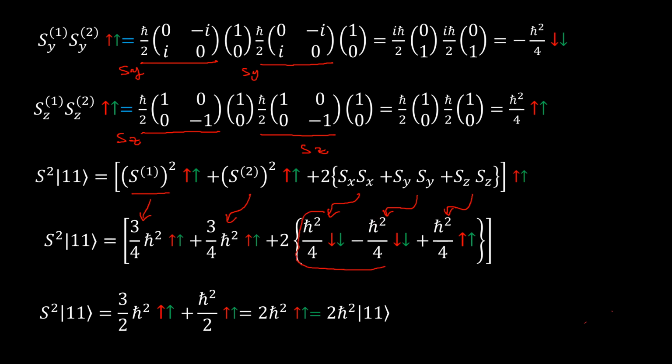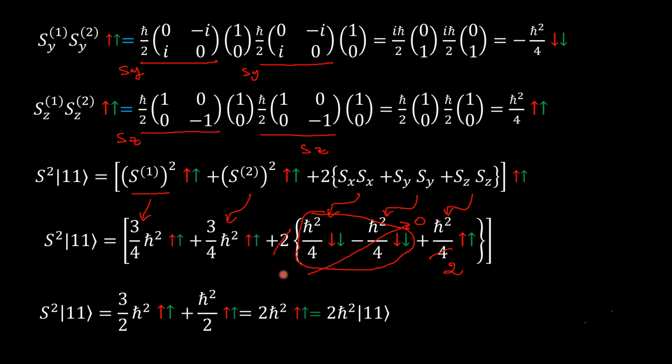You can compare the first two terms: same state with the same multiplicative factor ħ squared over 4. So this will become 0. Then you can see this 2 will get cancelled with this 4, which will become 2. So remember that these three states are spin up. If you add the first two, you will get 3/2 ħ squared, both are spin up state.